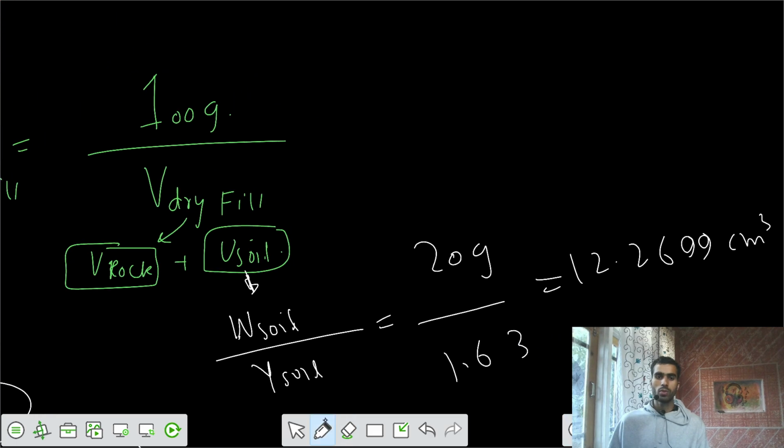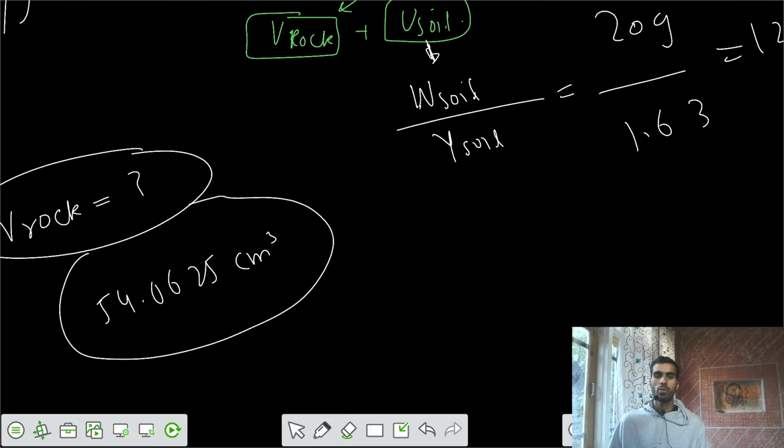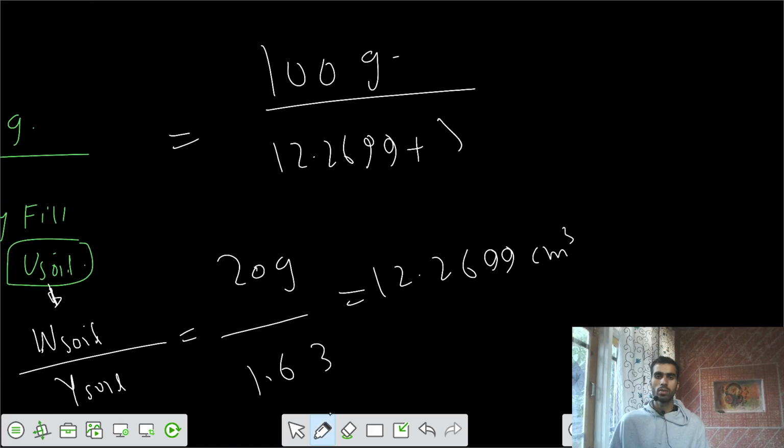If I substitute those values here, 100 grams divided by 12.2699 plus the one more value we have, 54.0625. Let me check that. What is the total value coming to be?